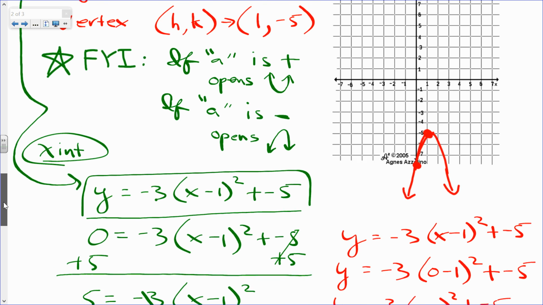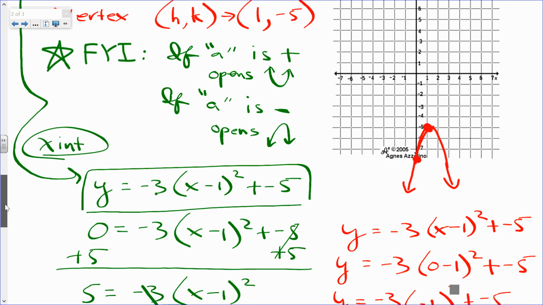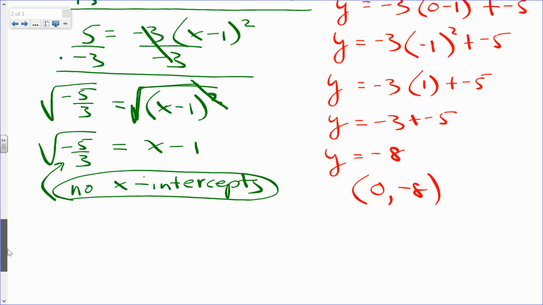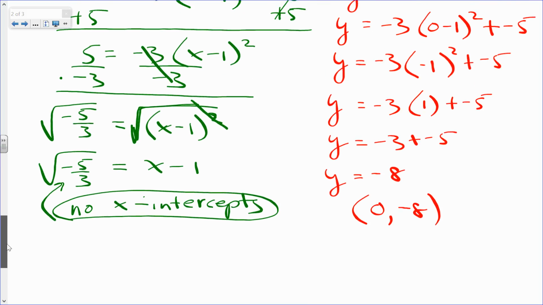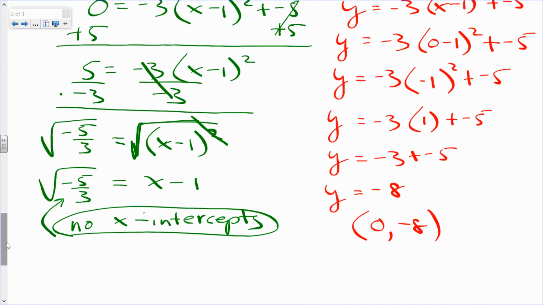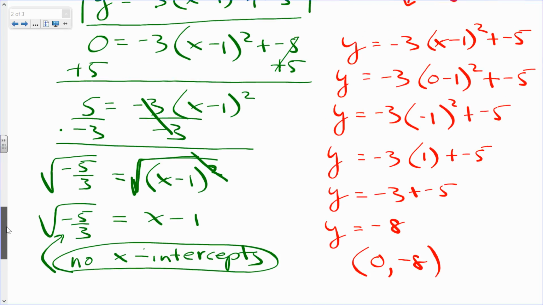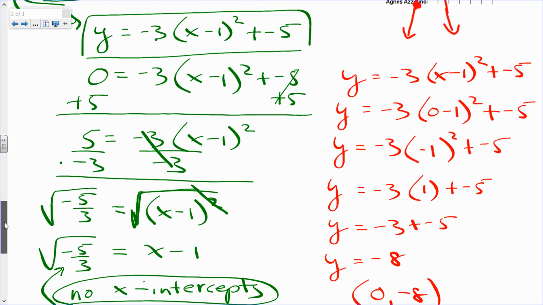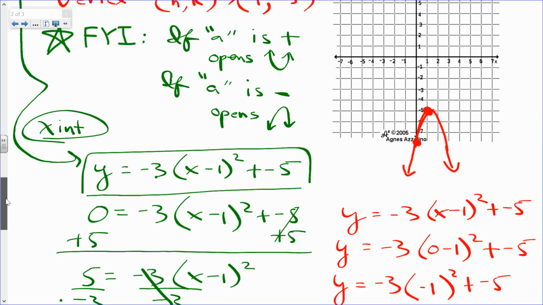Okay, I like that question. Camacho's saying, hey, we did all this work to try to find x and there were no x-intercepts. My answer is no, you don't have to do that. If you know there are no x-intercepts, you don't have to do this. But for the sake of people who are not as advanced in their thinking yet, what would have told you that you didn't have to do this when we got to this step?